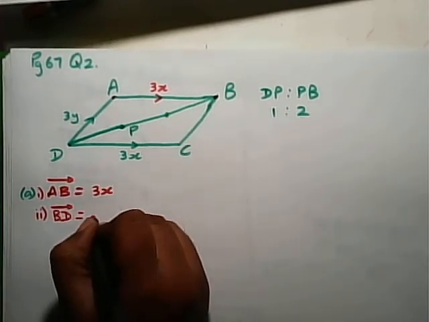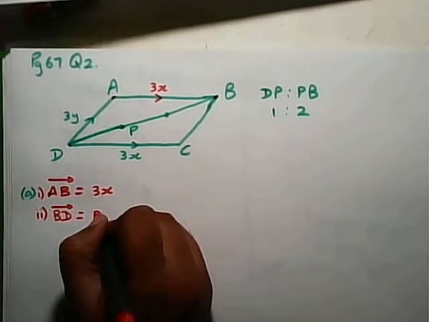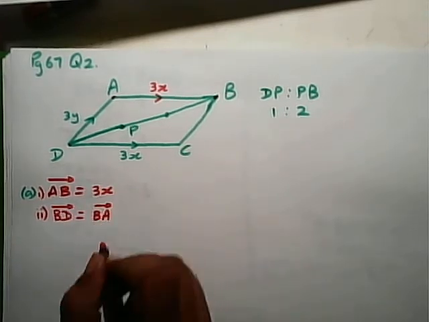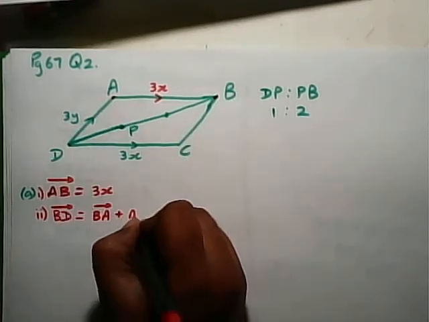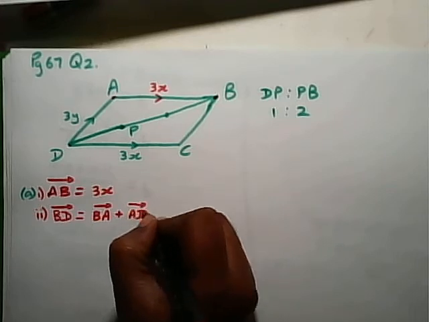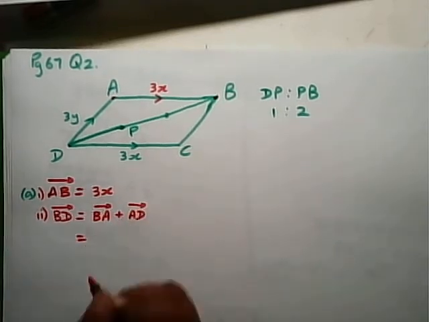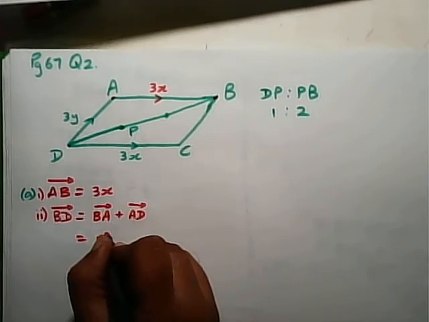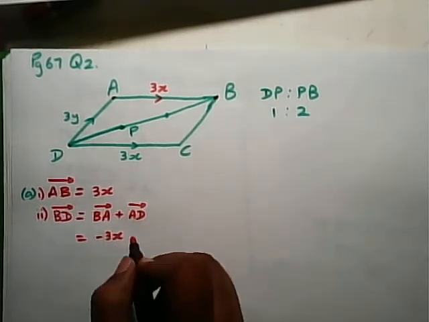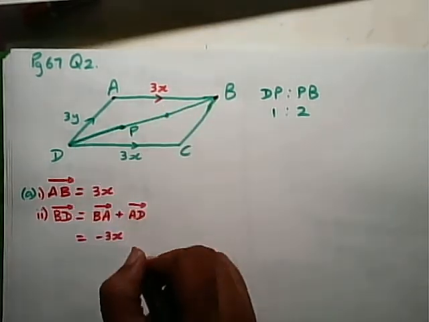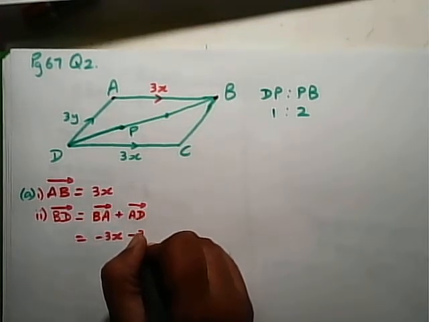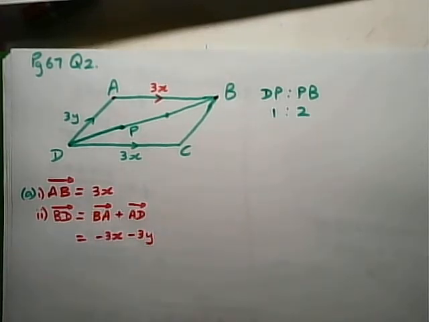That will be travel from B to A, a BA arrow, and then take an AD arrow. A BA arrow is minus 3x, and an AD arrow is minus 3y.